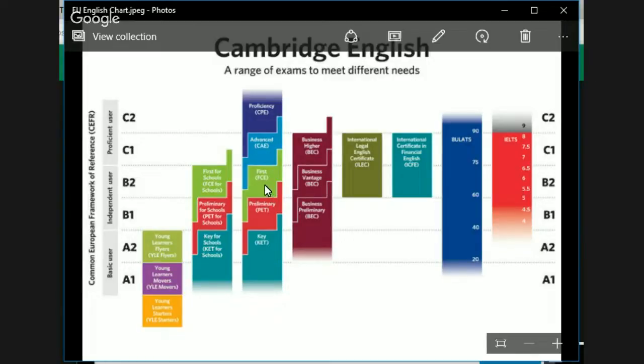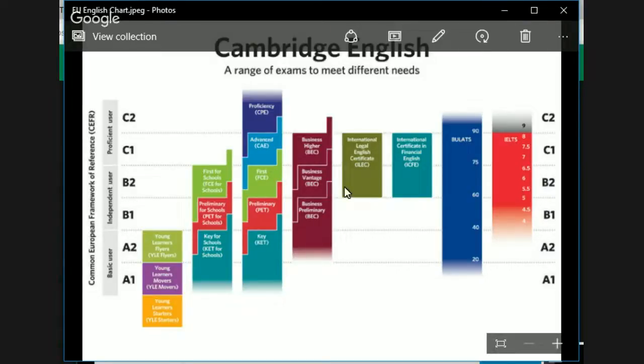Today, we're looking at FCE. That's the green one right here in the middle, basically intermediate from lower B1, B2 level, kind of bouncing up a little bit into advanced. So it basically covers the entire intermediate range.